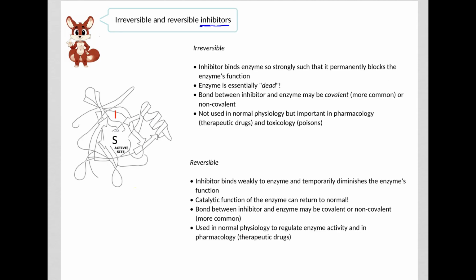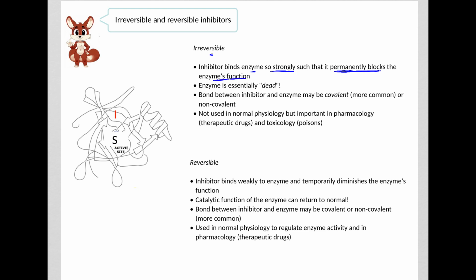Inhibitors could be categorized as irreversible inhibitors or reversible inhibitors. So let's look at the difference between an irreversible inhibitor and a reversible inhibitor. An irreversible inhibitor is an inhibitor that binds the enzyme so strongly that it permanently blocks the enzyme function.